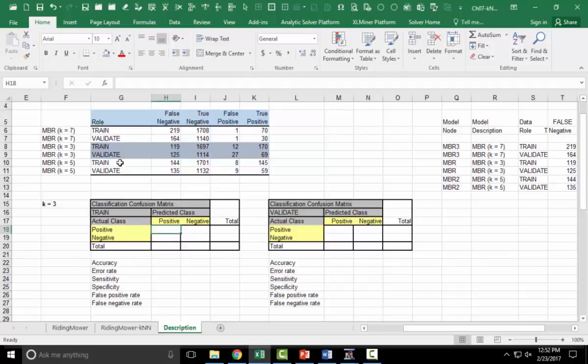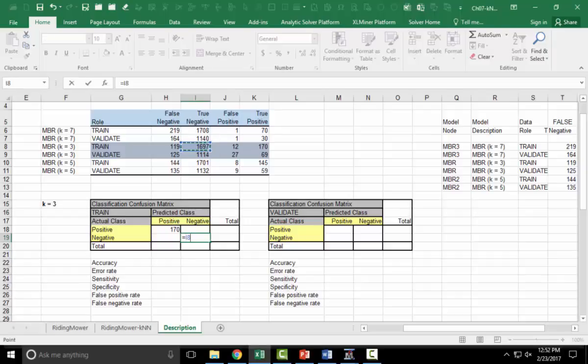Okay, so the first row is train. Positive will be true positive, which is that number, right? Negative will be true negative, which is that number.